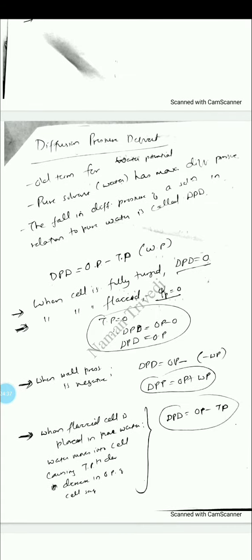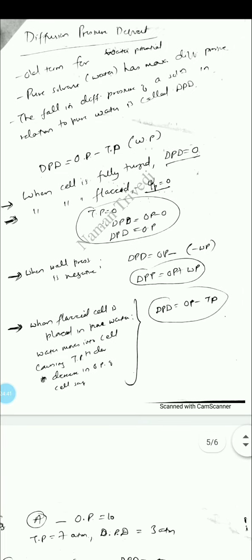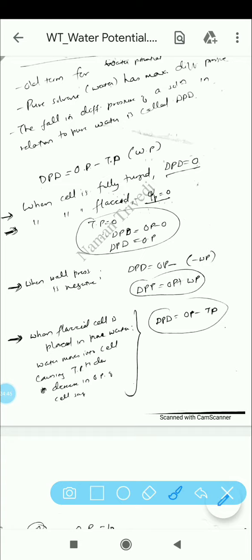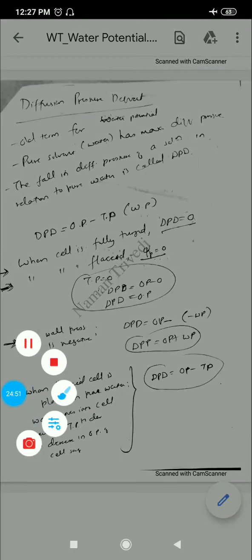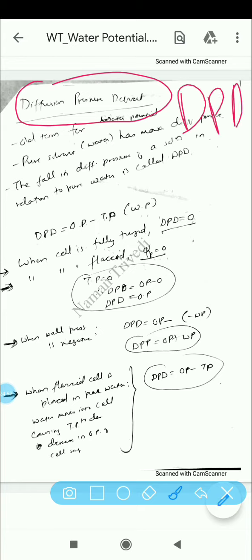Now this will be useful for the concept which we are going to understand. There is something termed diffusion pressure deficit, or DPD.